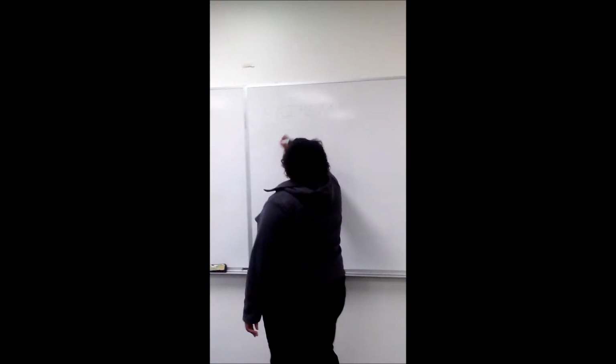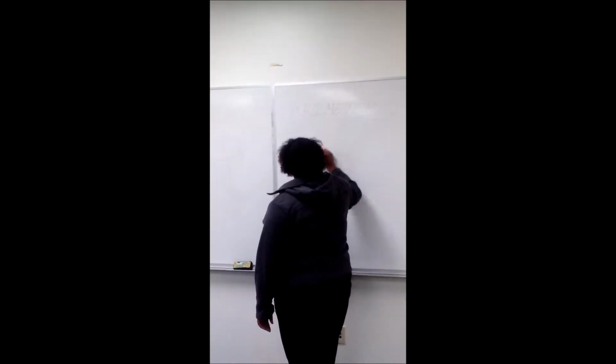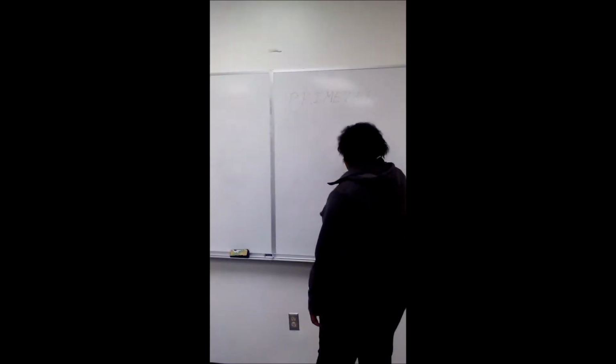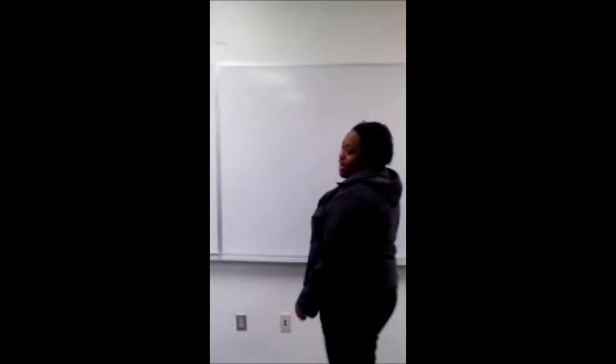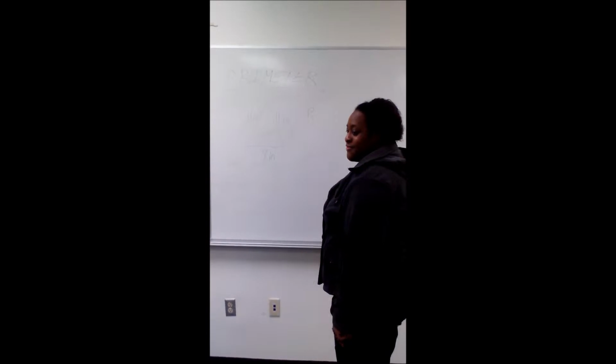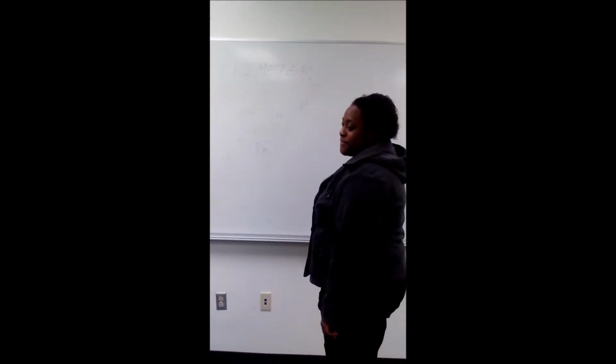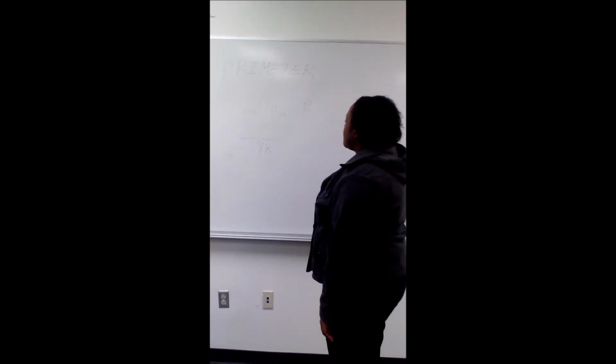Okay, if we have a triangle and this side is 11 inches, this side is 11 inches as well, and this side is 8 inches, what would be the perimeter of this triangle? 30.